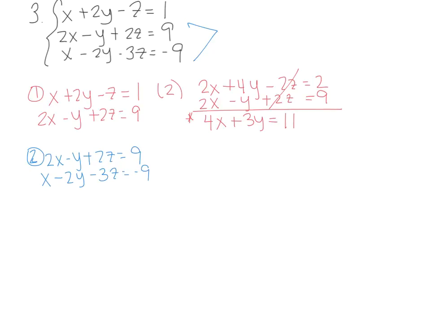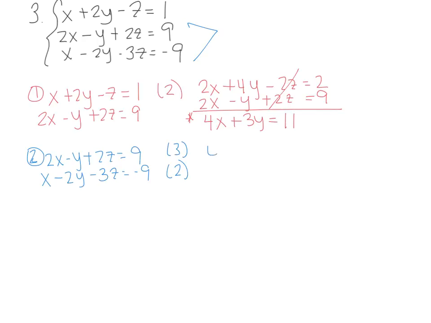But I'm going to multiply. I noticed that in order for the 2 and the 3 to cancel, they both have to equal the same number. And one has to be positive and one has to be negative. So the number that both of them can go into is 6. So I'm going to multiply the top equation by 3, the bottom equation by 2.